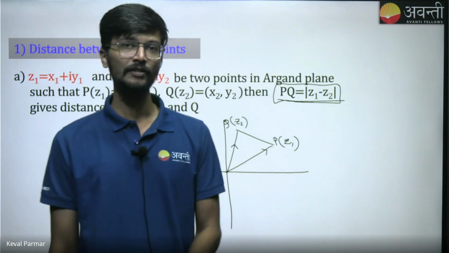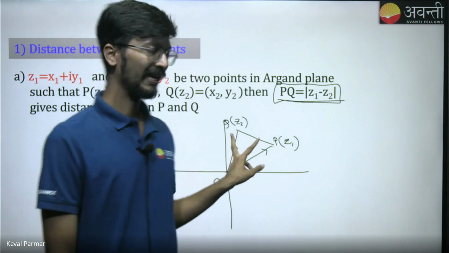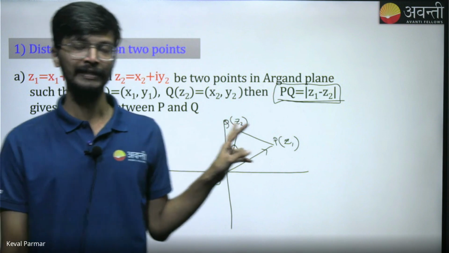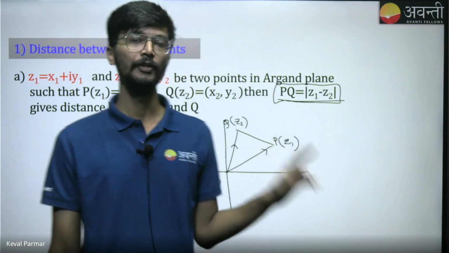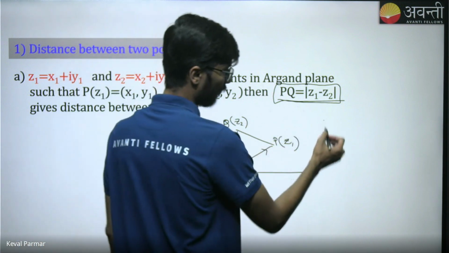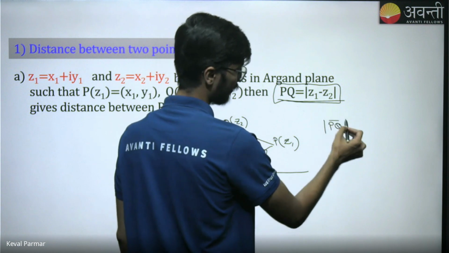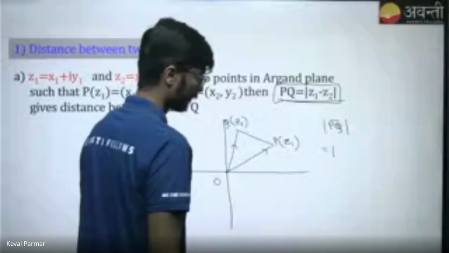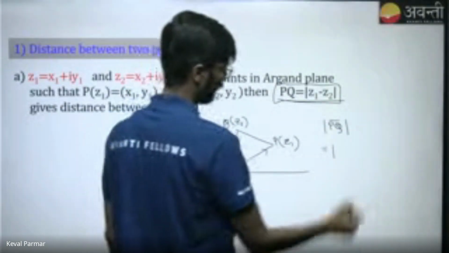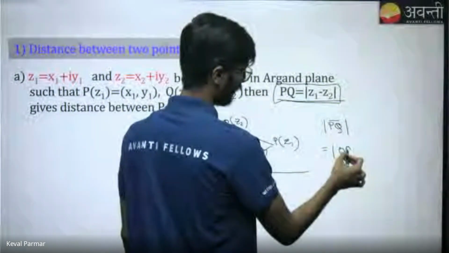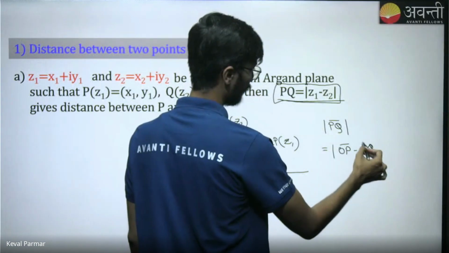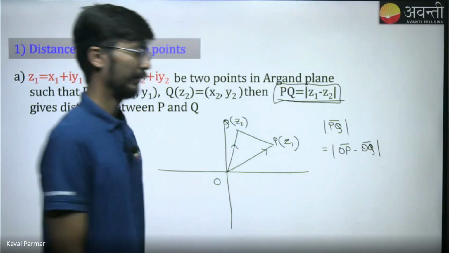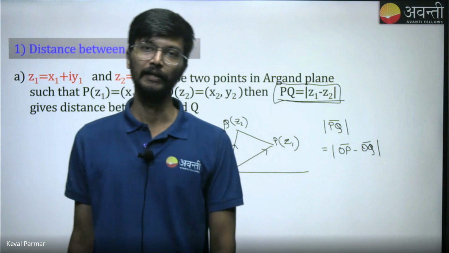We need the distance between P and Q. That is, we need the modulus of the PQ vector. Now, what is the PQ vector? Modulus of PQ vector. It is OQ vector minus OP vector, correct?